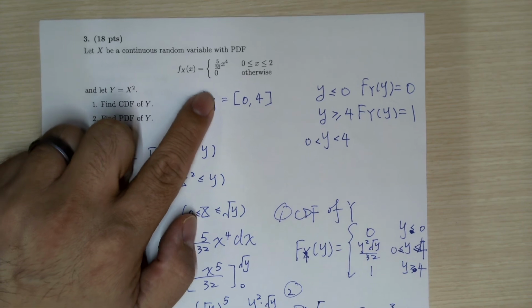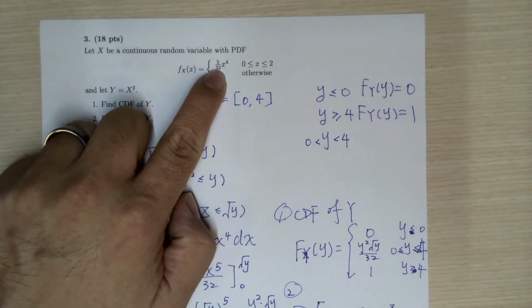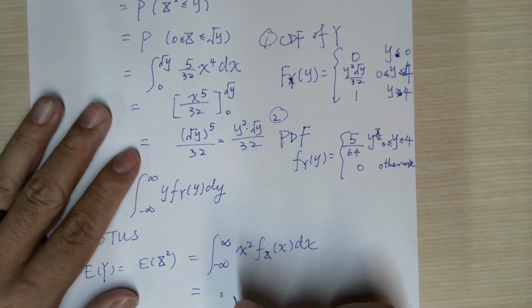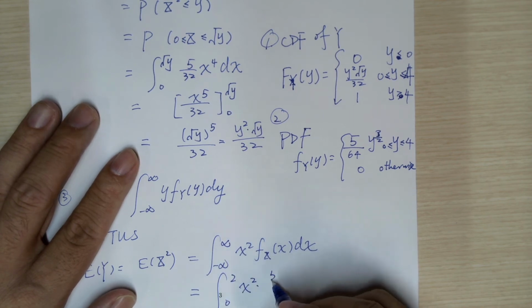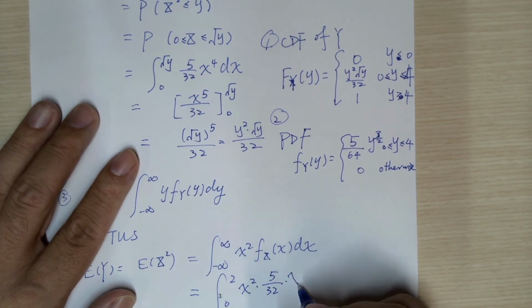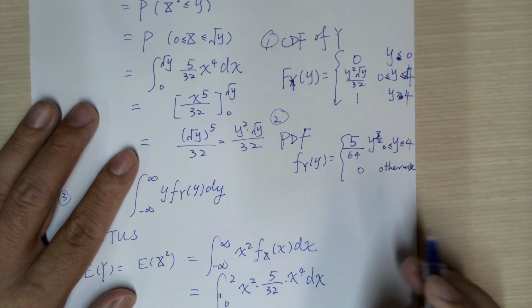Remember this is our function, from 0 to 2, 5 over 32 x to the power 4. So from 0 to 2, x squared times 5 over 32 times x to the power 4 dx.